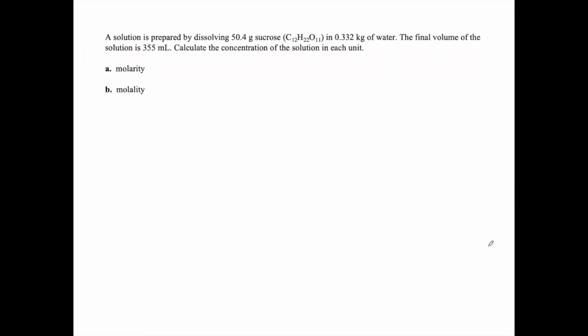So let's start with molarity again. Okay, so in order to do either molarity or molality, we need to know how many moles of solute we have, which in this case is sucrose. So let's convert the mass of sucrose to moles.